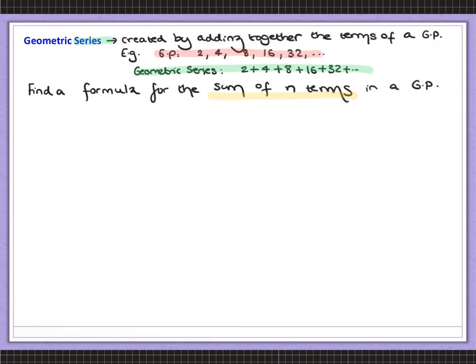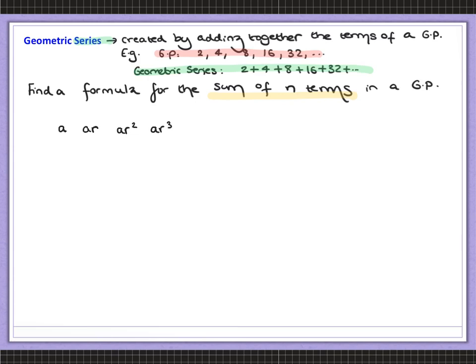So, we're going to go straight into a generalisation here, so please make sure you pay attention very carefully. I'm going to start off by writing out the terms of my geometric progression. So my first term is a, my second term is ar, my next term is ar squared, and then I have ar cubed, and so on and so forth.